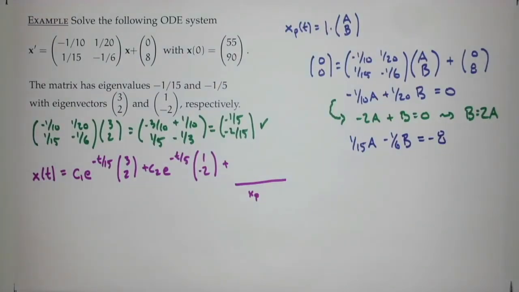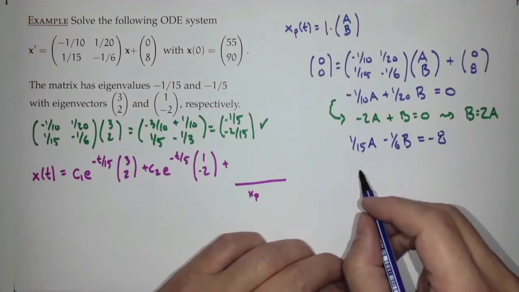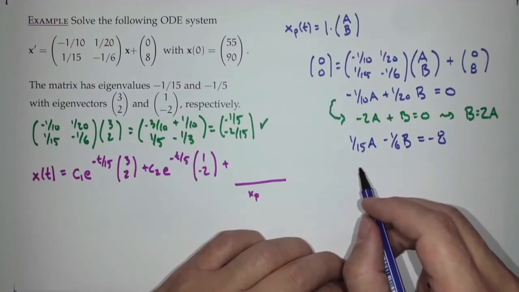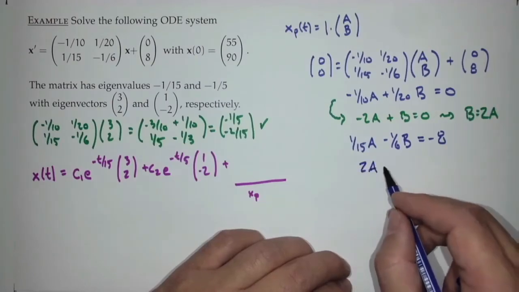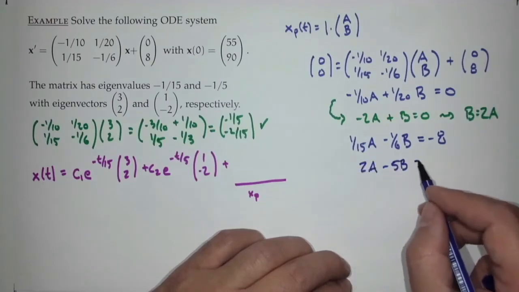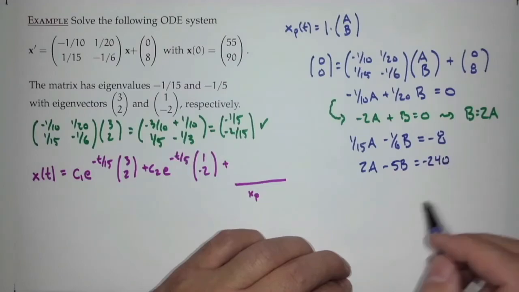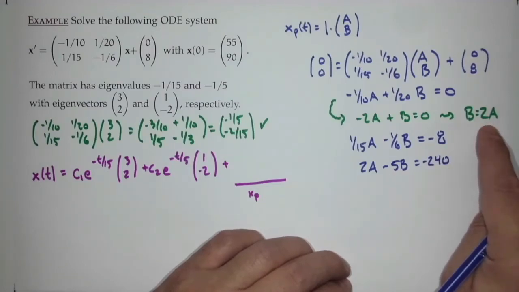Let's clear out our fractions. What should we multiply here by? 30. So we'd have 2A minus 5B equals minus 240. But we know B is 2A.